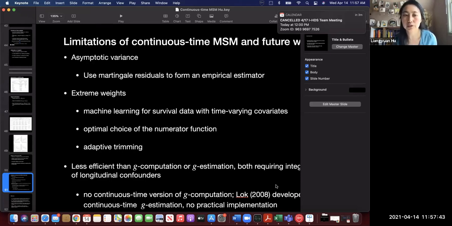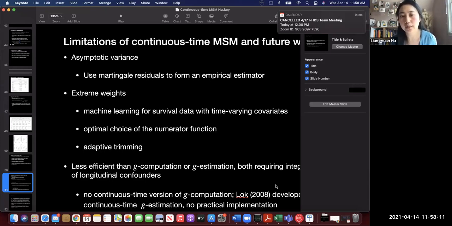So this is actually the first work that says, let's not bin, let's just evaluate the effect of the actual treatment initiation time. That's why we took this approach of a continuous time-based marginal structural model. It's versatile enough to address a lot of complications.